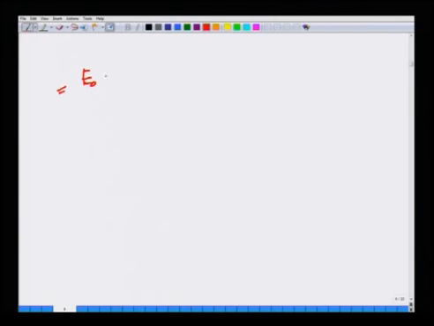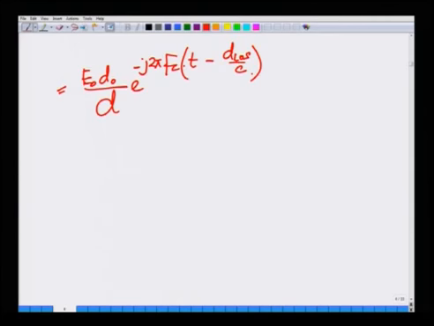And this I am going to simply write as follows. This is E naught d naught by d e power minus j 2 pi f c t minus d LOS by c, into 1 minus e power j 2 pi delta d over c over f c, and c over f c is nothing but lambda, hence I can write this as delta d over lambda.